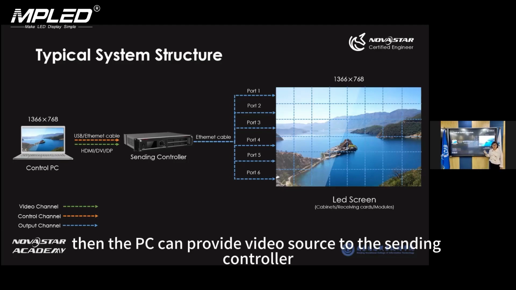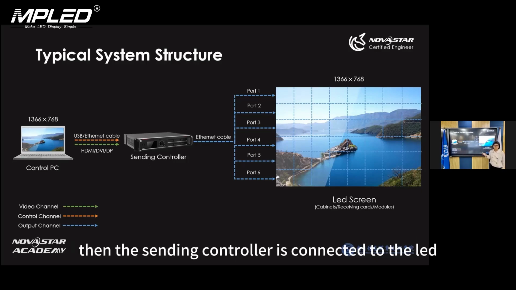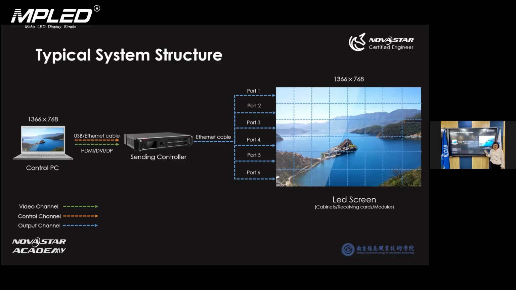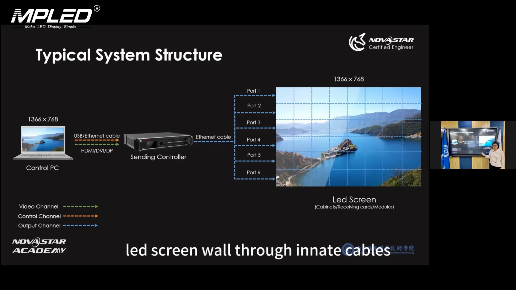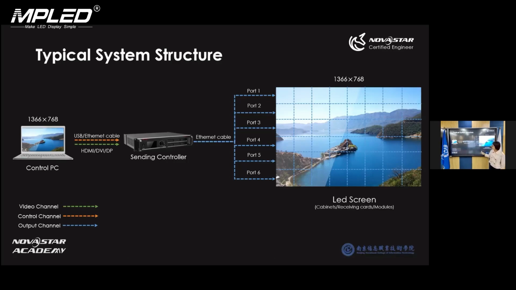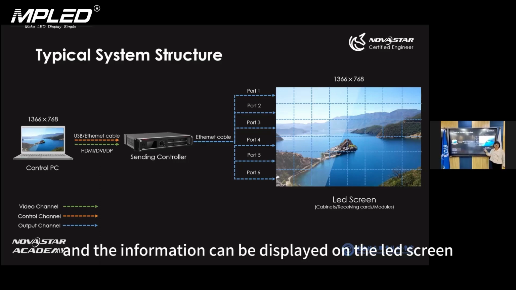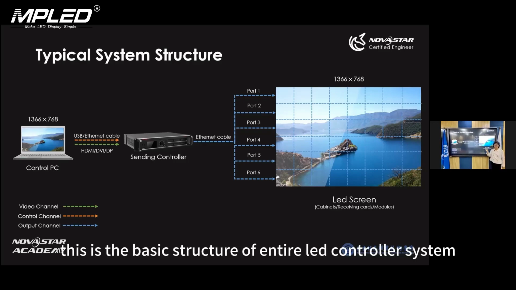Then the PC can provide the video source to the sending controller. Then the sending controller is connected to the LED screen wall through Ethernet cables from different ports. And the information can be displayed on the LED screen. This is the basic structure of the entire LED control system.